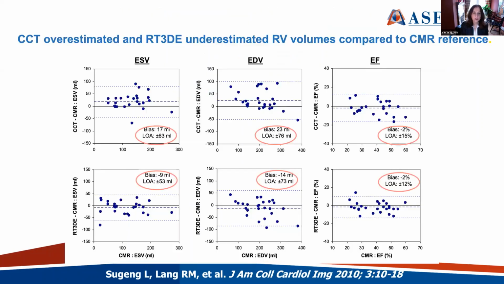And here are the results from his study, and you see that cardiac CT overestimated RV volumes compared to magnetic resonance imaging, whereas 3D echo underestimated RV volumes. So just keep in mind that what's considered normal in terms of values for the right ventricle varies depending on which technique you're using to do your measurement.